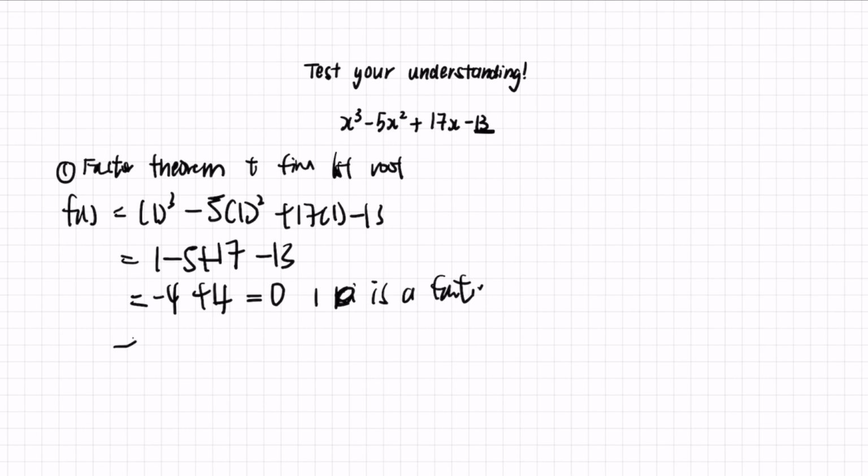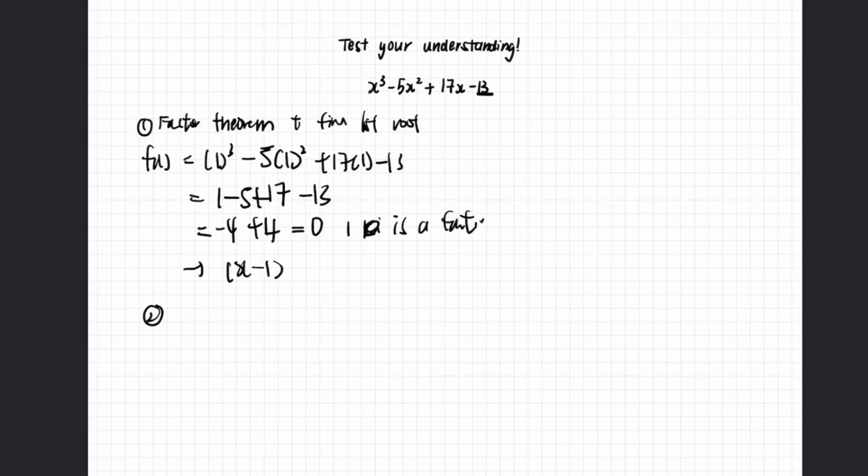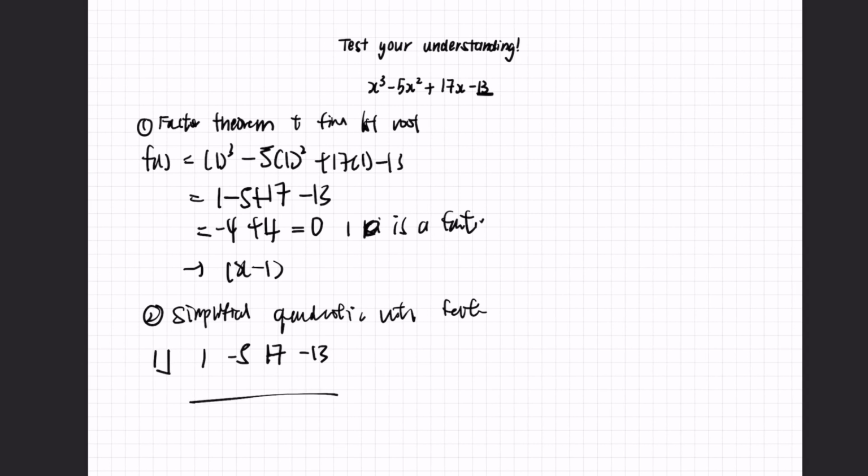You write it in linear form as x minus 1. So I will use synthetic division because it's quicker. I need to find the simplified quadratic with the factor, and it is 1, negative 5, 17, 13, and the root is 1. 1 times 1. Do you add? It's negative 4, multiply, put negative 4 here, 13, multiply, put it here, 0.